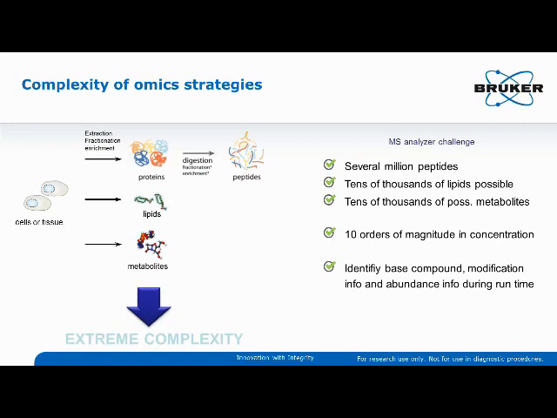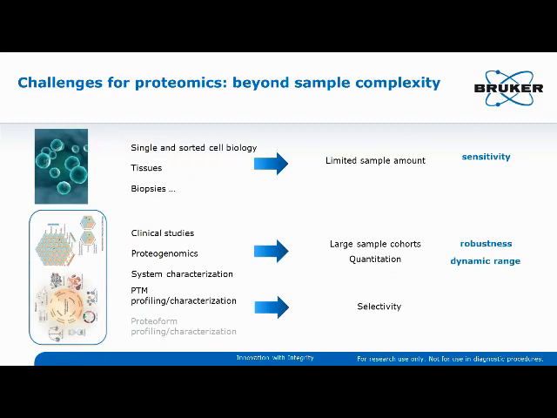Ideally, in any of these experiments, we would like to end up with an identification of the compound, to be able to point to what it is, not just its intensity change. And ideally, all this would be done as fast as possible, in real time during acquisition, if at all possible. So there are a number of challenges that these approaches present to the mass spectrometry.